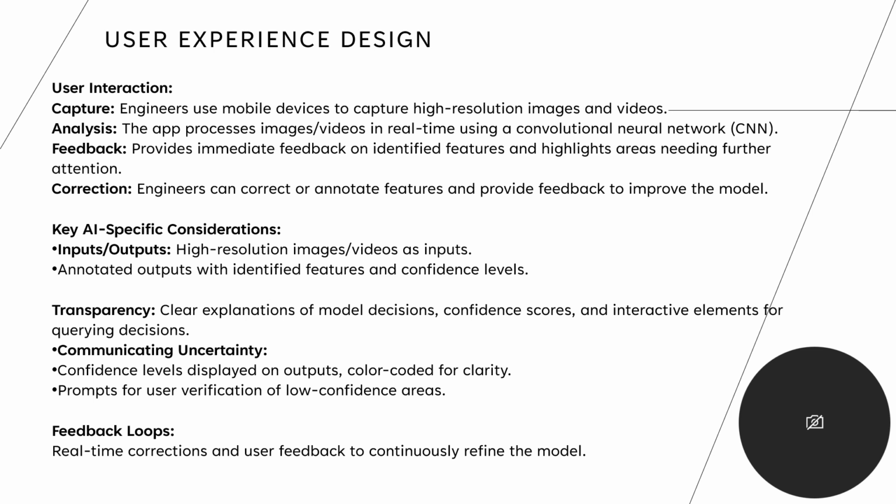In case machine learning is not able to judge an object, clarity is needed, so a prompt will be provided where the user will input their feedback. And for the feedback loops, real-time corrections are possible, and user feedback continuously refines the model.